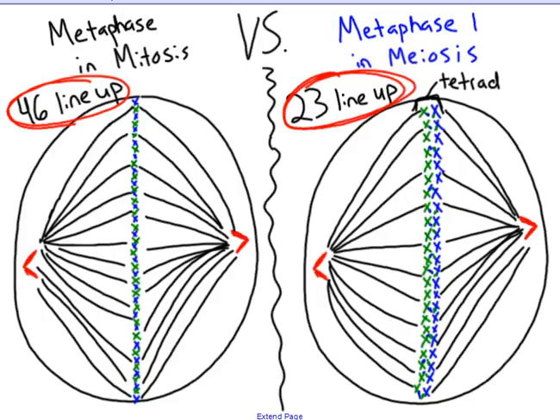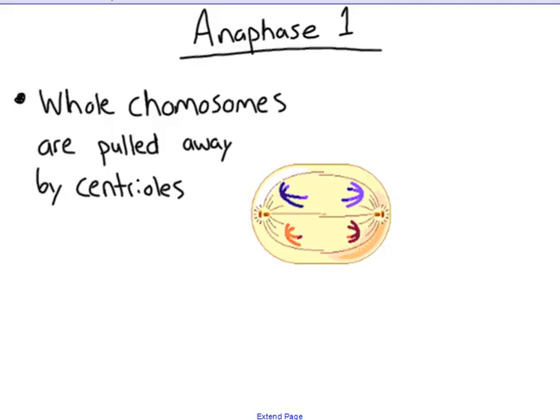So lining up as shoes, like left and right foot coming together. And you're going to have 23 chromosomes in the middle, and when you pull the chromosomes away, you're actually going to be pulling away a full chromosome. So anaphase 1, what's unique about it is you're pulling away a full chromosome instead of a chromatid.